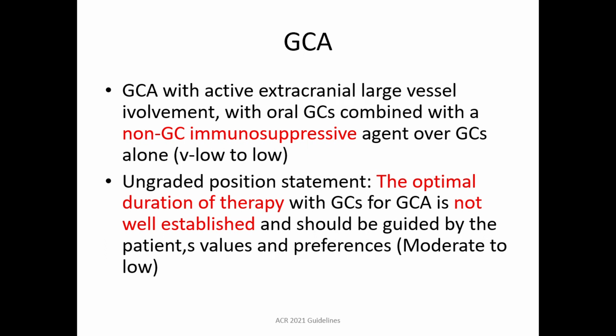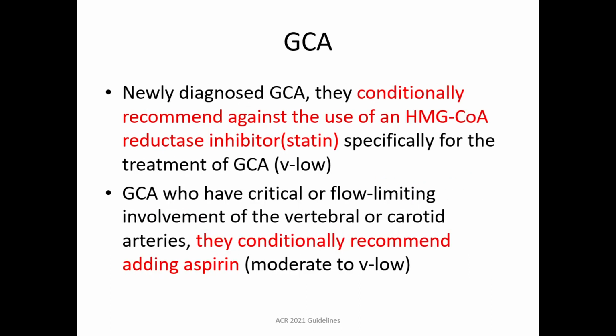The optimal duration of therapy, however, is variable, and it is rather difficult to say whether you need to treat for 6 months, a year, or 18 months. It really depends on your patient, and an individualized, personalized approach is what you will be practicing, I'm sure.